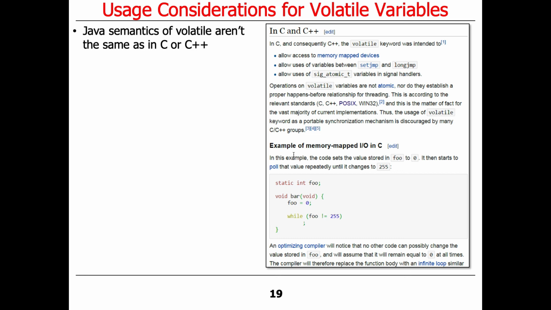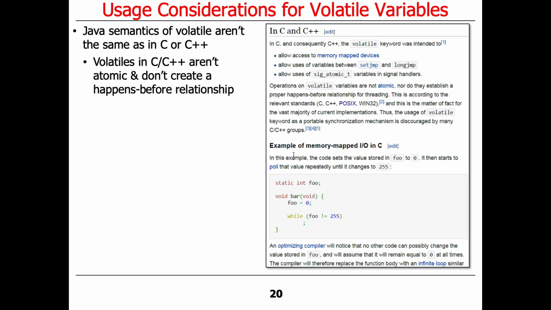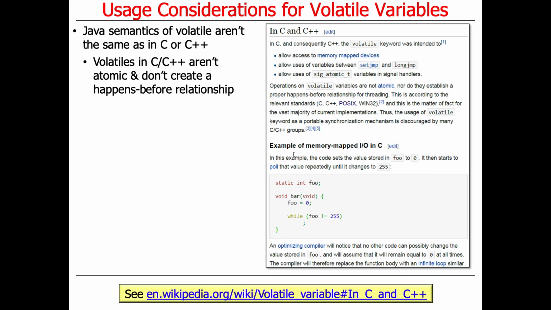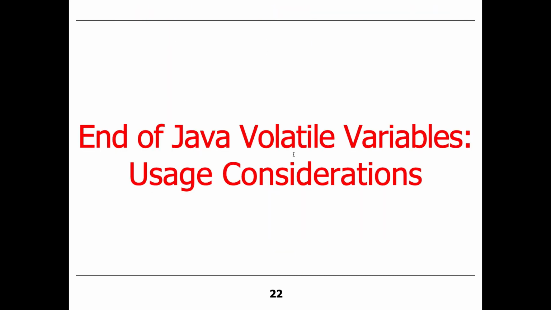And so if you read this link, you can read about the different uses of volatile in Java versus C and C++. In particular, volatile in C and C++ doesn't make something atomic, and it doesn't create what's called a happens before relationship. And we'll talk more about happens before relationships later. You can read about that here. They just disable compiler optimizations.